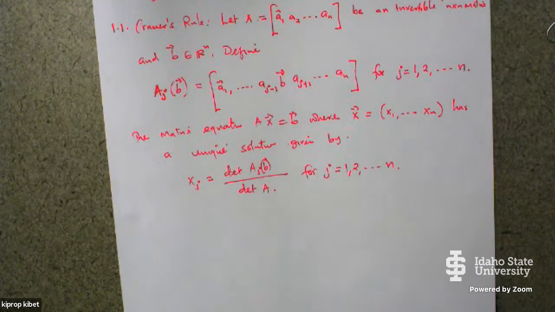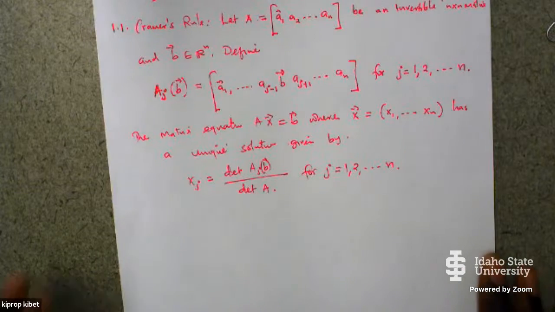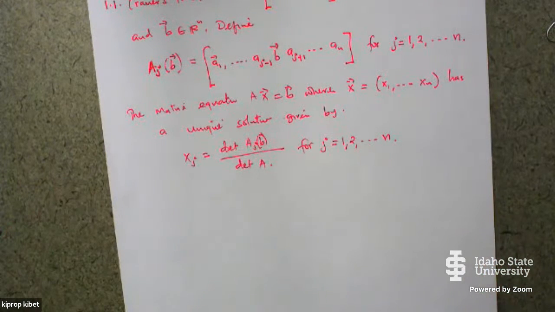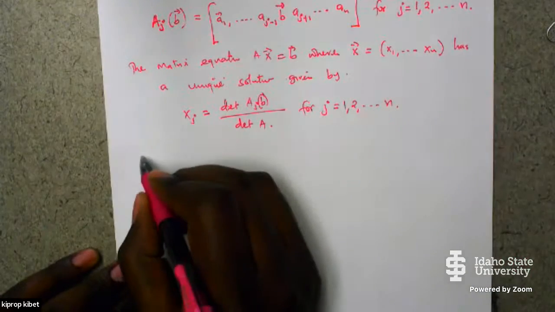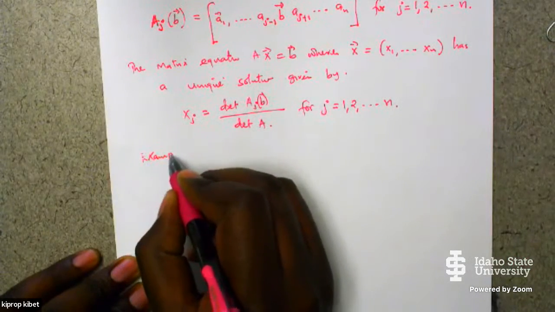I don't want to write the proof for you because it will not be of any use, but you can still look at it in your textbook. So let's look at an example. Example number 1.